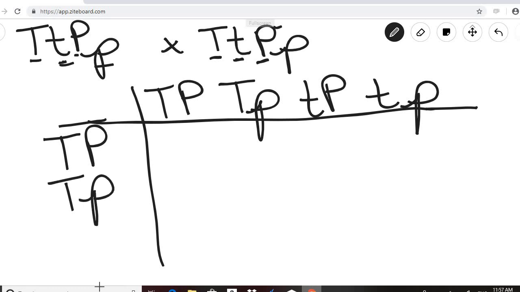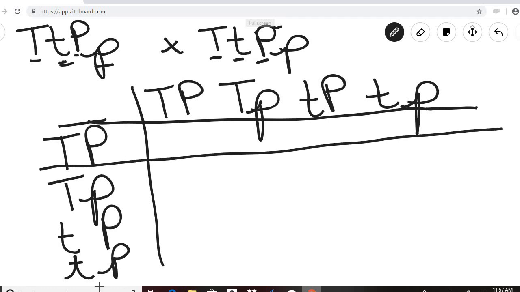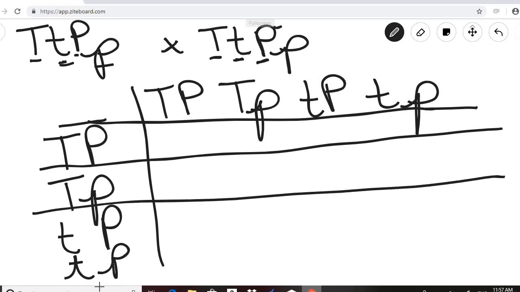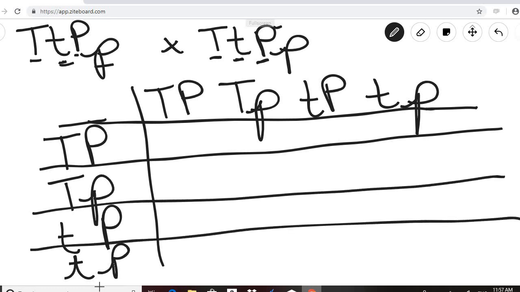And then lowercase with uppercase. And lastly, the two lowercases could go together. Okay, then we draw our lines for our Punnett square. So we're going to go across there, and then down in between each of these.